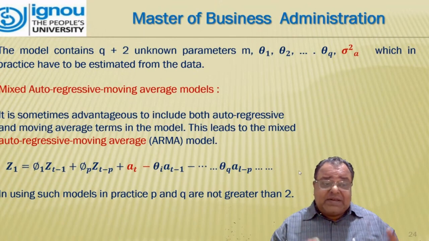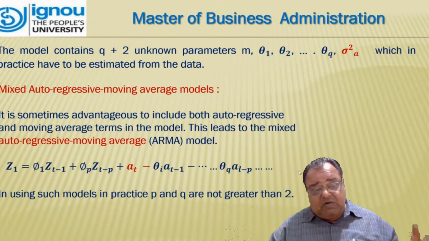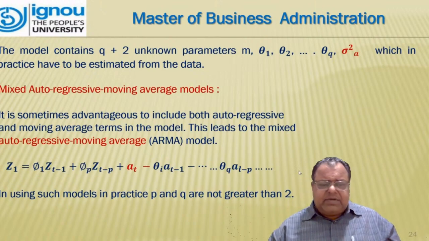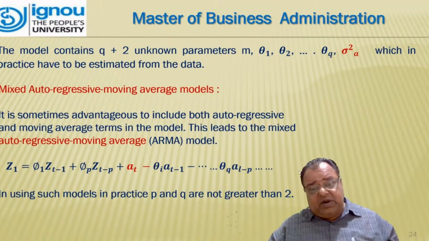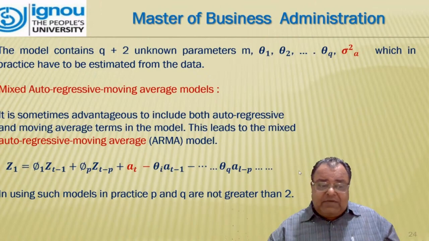Then comes the mixed autoregressive moving average model, the third one. It is sometimes advantageous to include both autoregressive and moving average terms in the model.